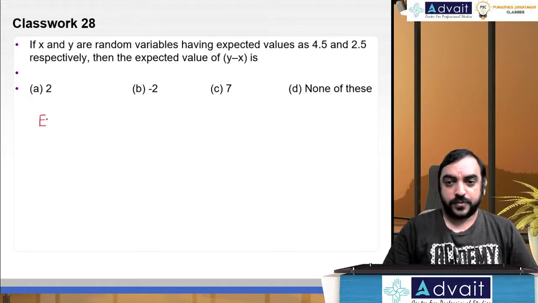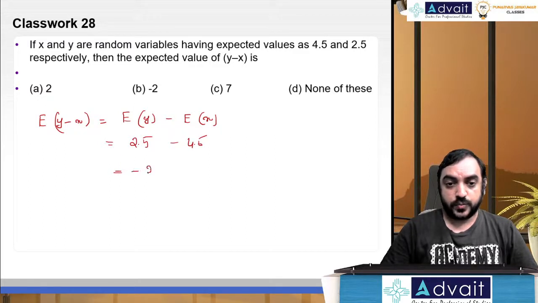E of y minus x, we can write it as E of y minus E of x. E of y is 2.5. E of x is 4.5. So we get minus 2.